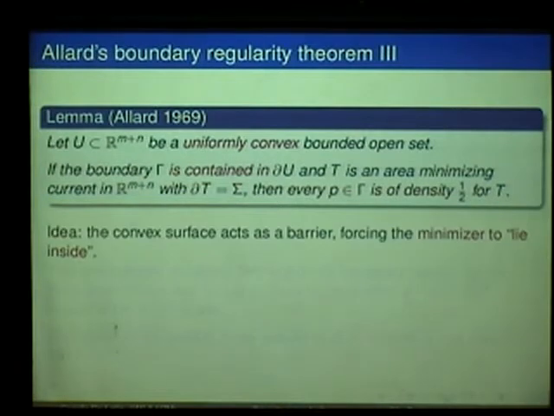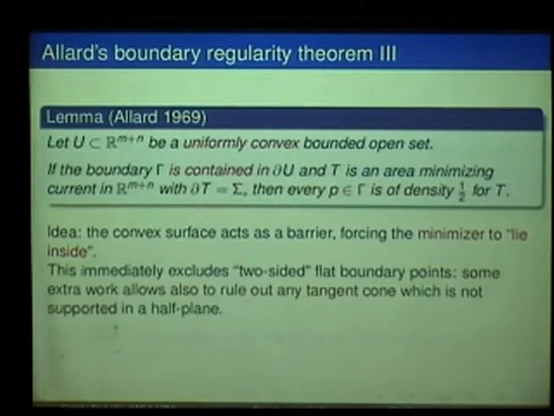So what is the reason for this? The idea is that the convexity of the set gives you, through a very simple argument, a barrier for your minimizer. So your minimizer has to lie inside the convex set. And once the minimizer has to lie inside the convex set, this means that the point P cannot be two-sided.